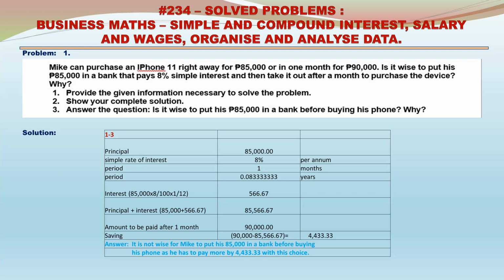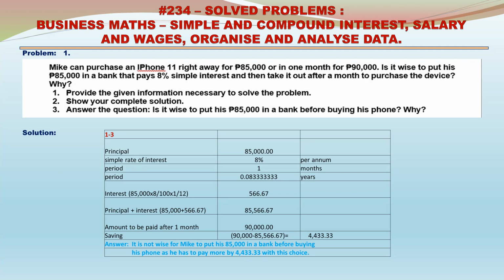Solution. Principal 85,000. Simple rate of interest 8% per annum. Period 1 month. Period in years 0.08333. Interest for 1 month is equal to 85,000 into 8% into 1 by 12, 566.67. Principal plus interest 85,000 plus 566.67, 85,566.67.